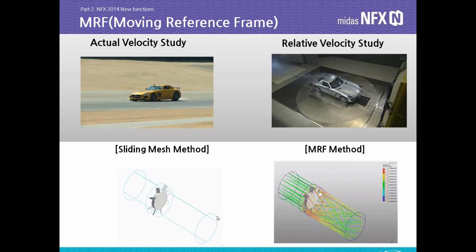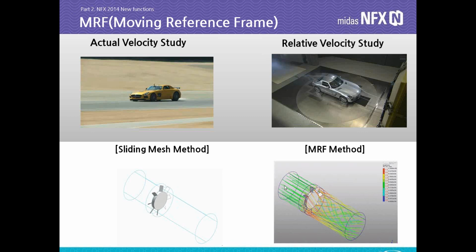Right now in NFX you can simulate rotating equipment using the sliding mesh method, but it's not simple to modelize, because you have to make a fluid zone which is really rotating, so your mesh is rotating. You have to use the transient analysis type and everything, so it takes time.